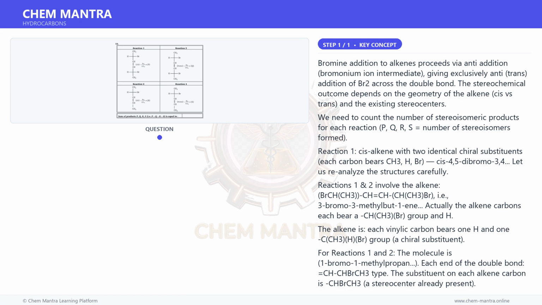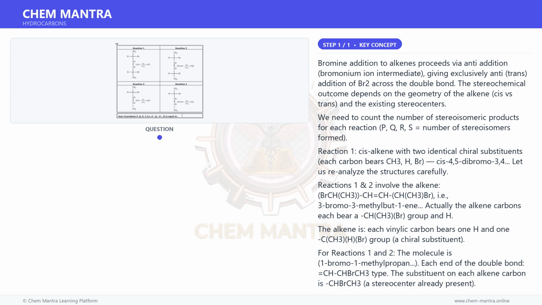For reactions 3 and 4, the alkene is CH(CH3)Br-CH=CH-CH3, where one end has CHBr-CH3 and the other end has just CH3 and H. These carbons are different, so no symmetry. Reaction 3, cis asymmetric alkene plus Br2: anti-addition from two faces gives two diastereomers, each potentially chiral.